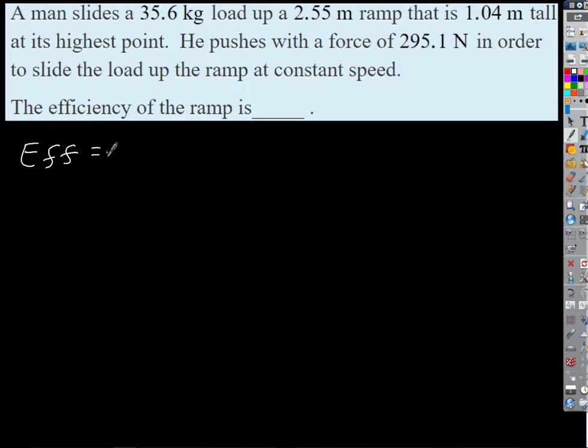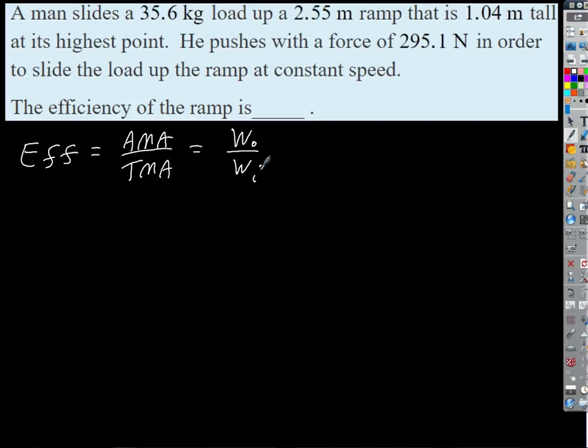Efficiency either equals the ratio of actual mechanical advantage over theoretical mechanical advantage, or output work over input work. So let's do it the first way, first time. What's the actual mechanical advantage here? So we need the ratio of output force to input force, right?